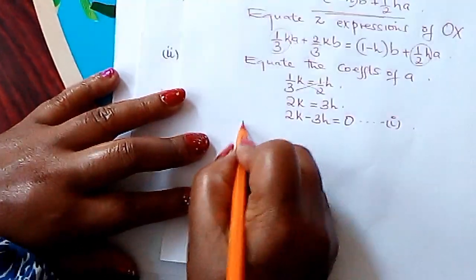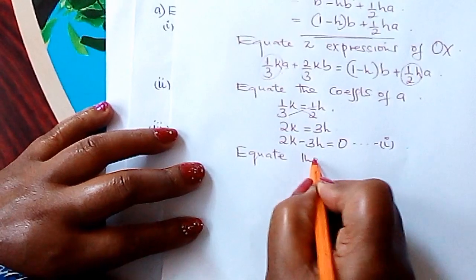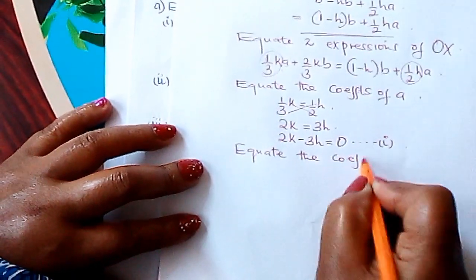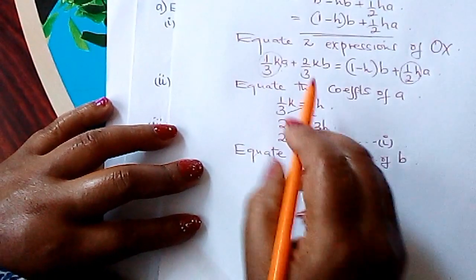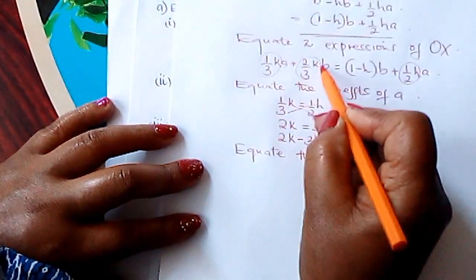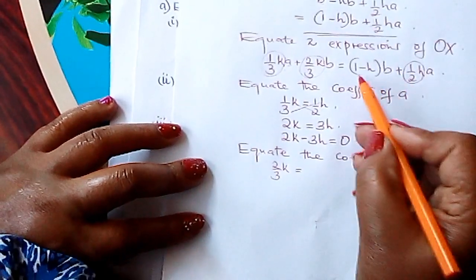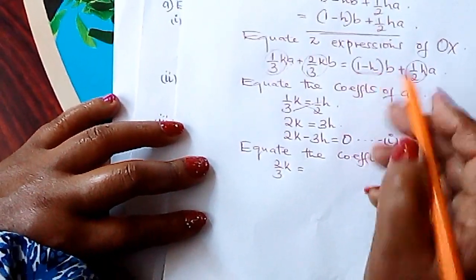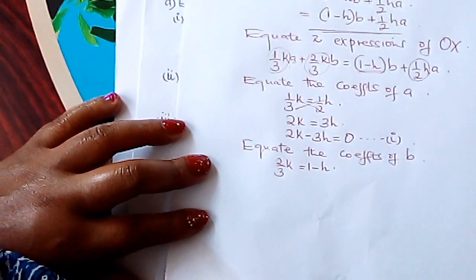Then learner, similarly, you do the same for the coefficients of B. Equate the coefficients of B. Okay, so on this side, what is the coefficient? It is 2 over 3k. On this side, what is the coefficient of B? It is 1 minus h.